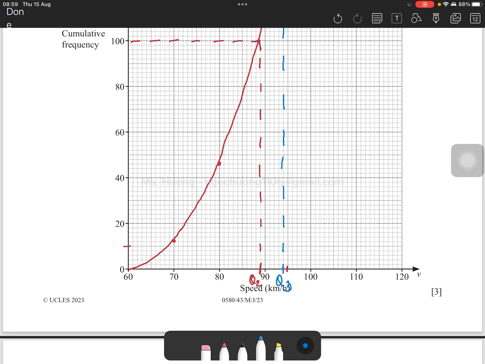So the upper quartile Q3 is 94 and the lower quartile is at 50. This is 50. We move to the right and then we move down.